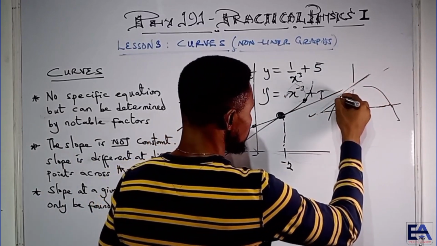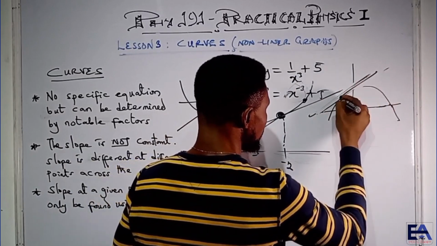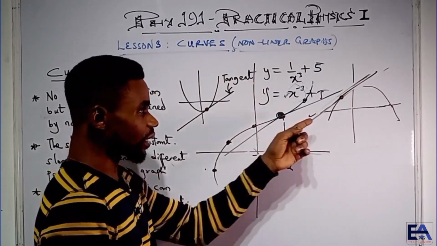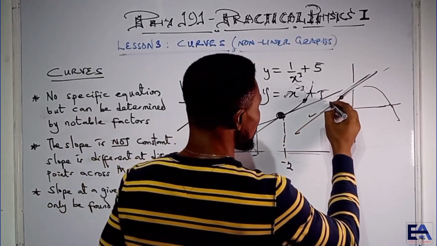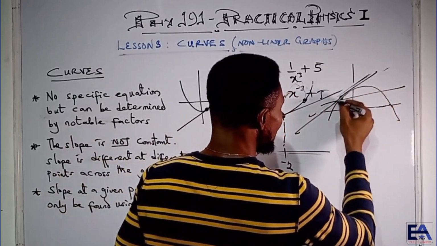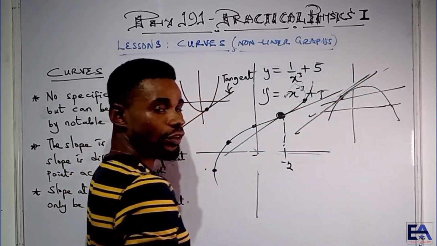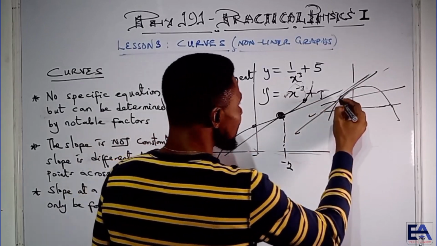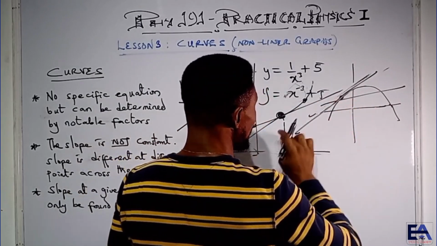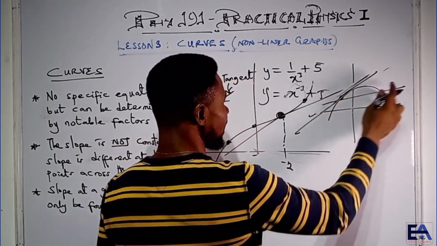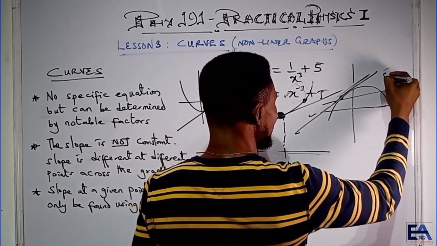I'm just making sure that it touches the graph only at that point. But if I draw a line like this, and maybe by mistake this line enters into the curve, then this line here is no longer a tangent line. Rather, it is called a secant.